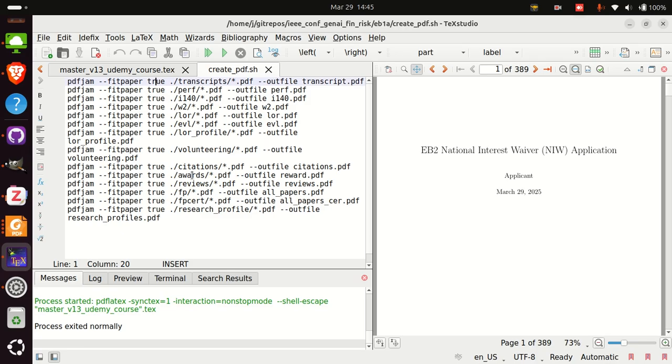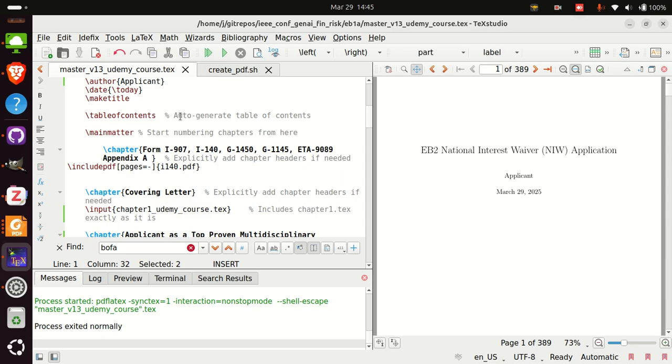In EB1A, you will have folders for media coverage, press coverage, high salary and other chapters. Whatever they have, you put all the PDFs in the respective folder, and then you compile to make all those PDFs into one single PDF that you would refer to in your LaTeX document.